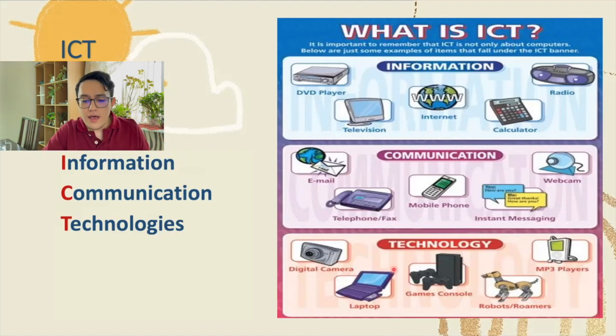Laptops, consoles, for example, your PS4, PS5, or MP3 players, or iPod, or anything that you can play music with. And information is basically anything that can give you some kind of information. Radio, calculator, internet, and so on. Alright? So, ICT, information, communication, and technology.